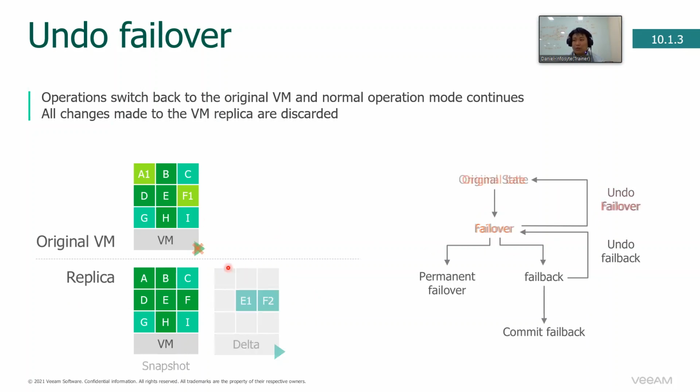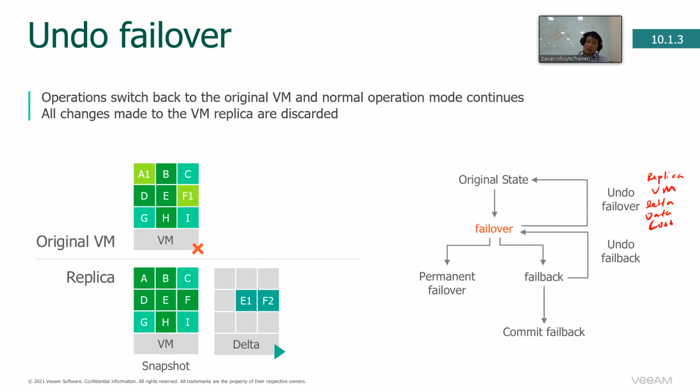Your original VM will still be down. So remember this, this diagram is a bit weird, a bit wrong. When you do undo failover, because your original VM is already down, they will discard the delta here. So if you choose undo failover, your replica VM delta will have data loss instead.